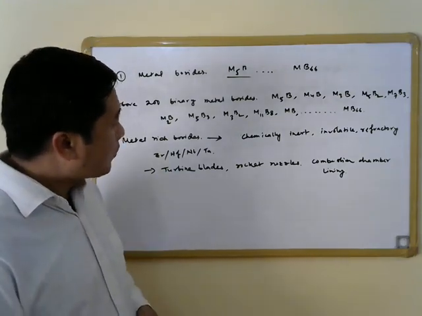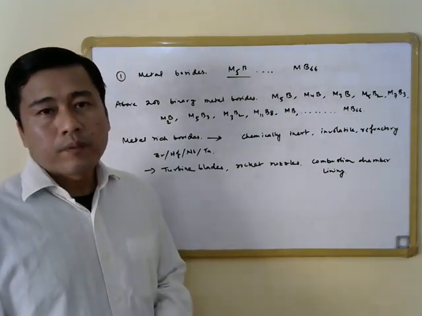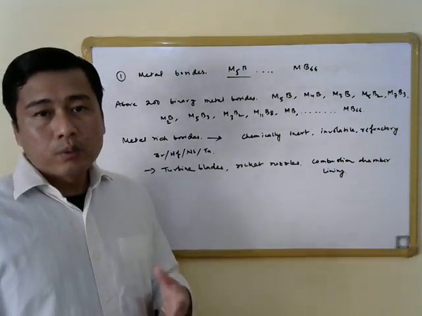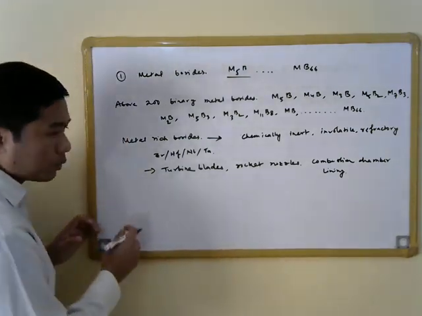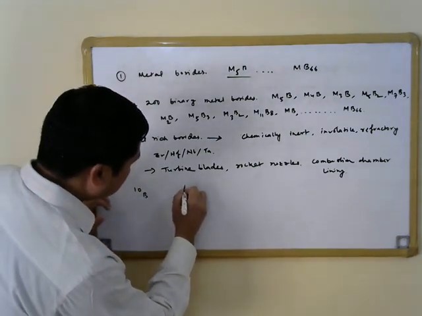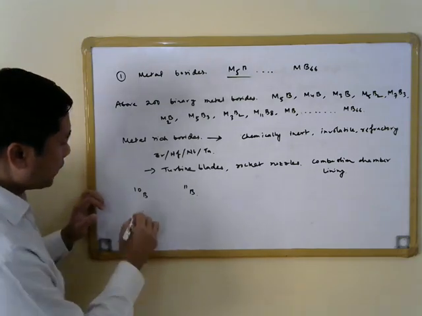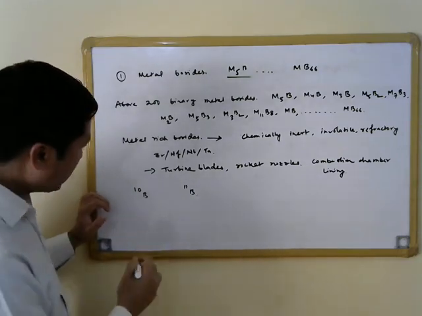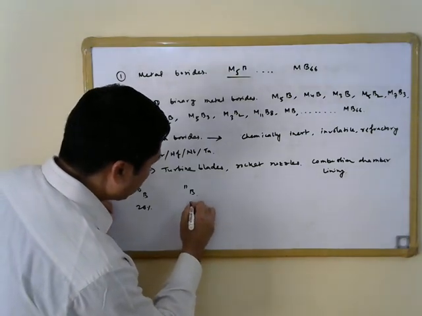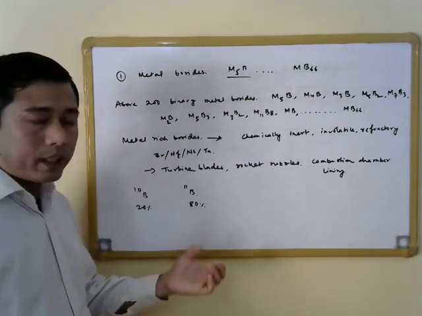Apart from these applications, another important application of metal rich borides comes from the fact that boron has two isotopes, 10B and 11B. The natural abundance of 10B is around 20%, while for 11B it is around 80%.